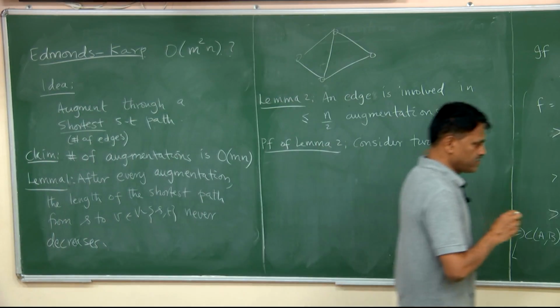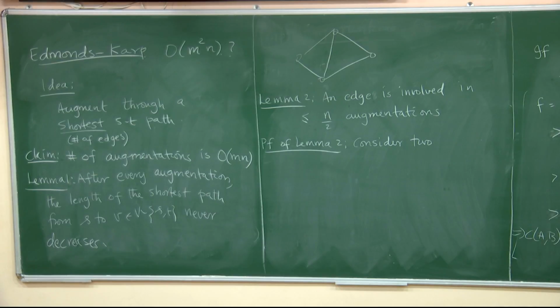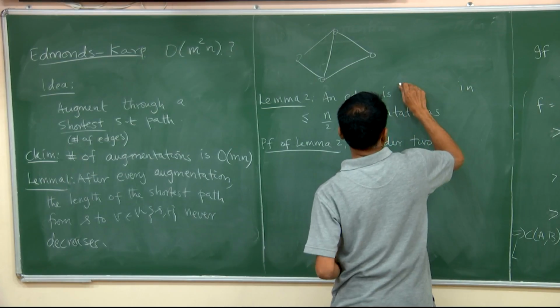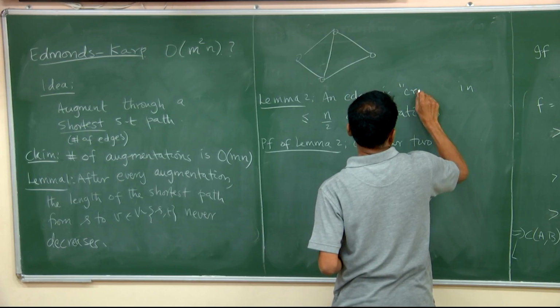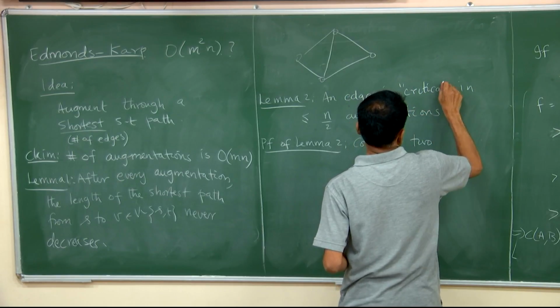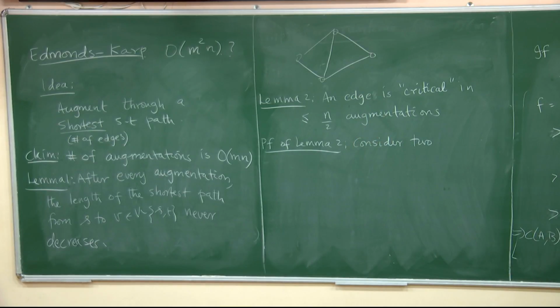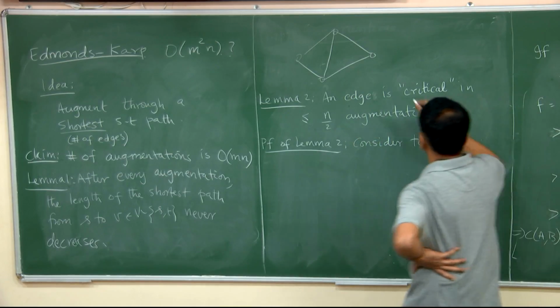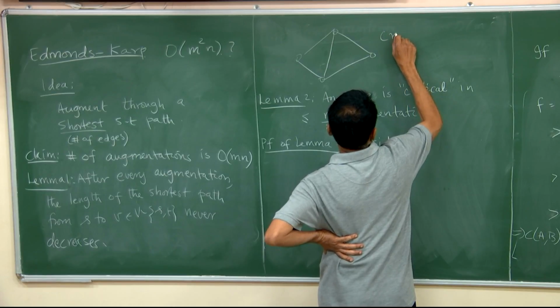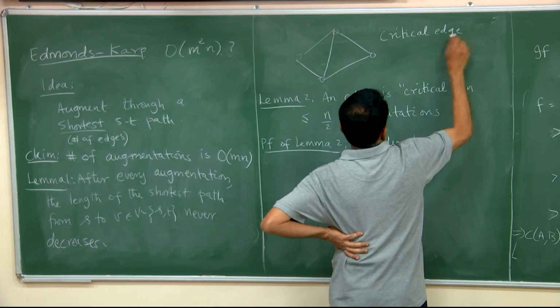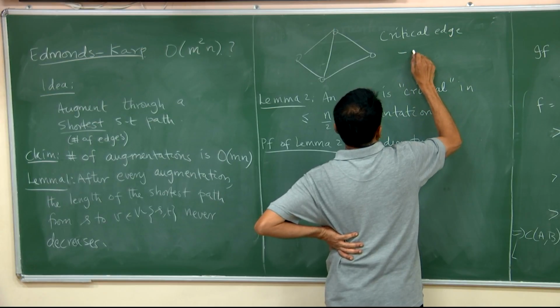Sorry, I'm not sure this is true. An edge is critical in at most n by 2 augmentations. So what do I mean by critical? It is an edge with bottleneck capacity.